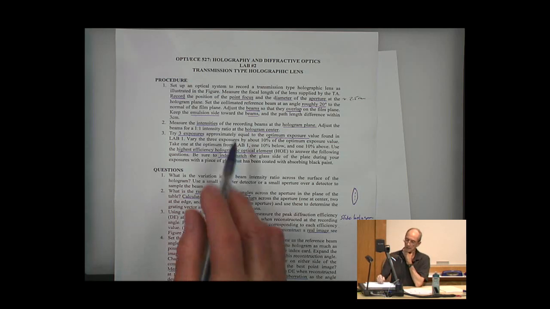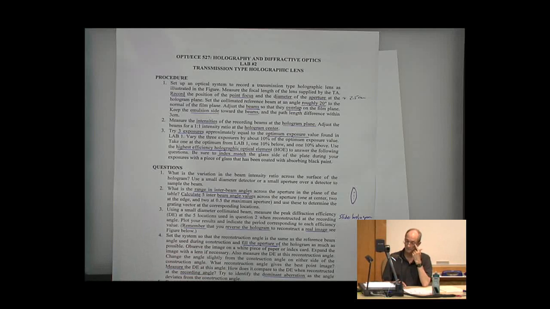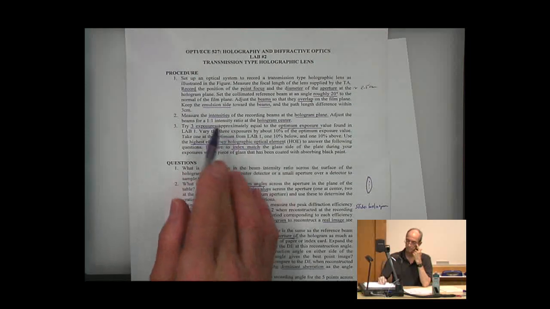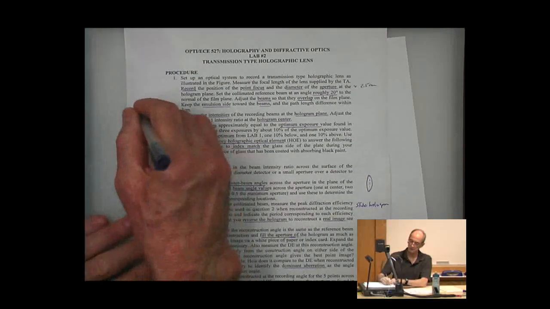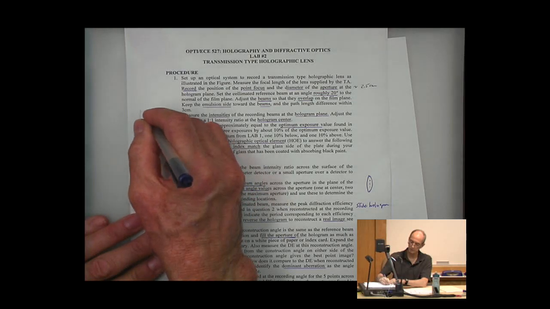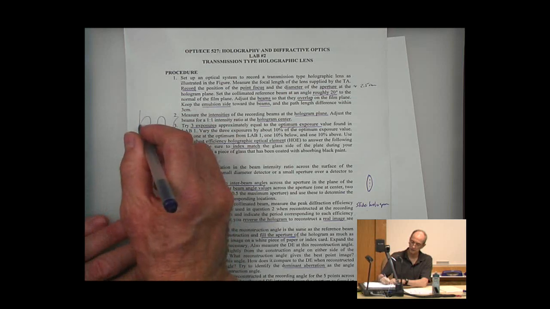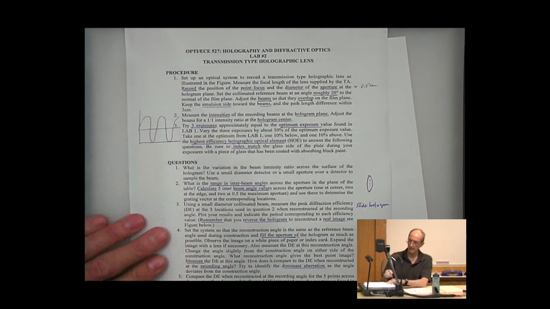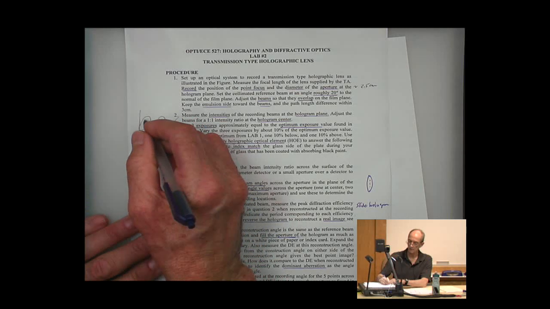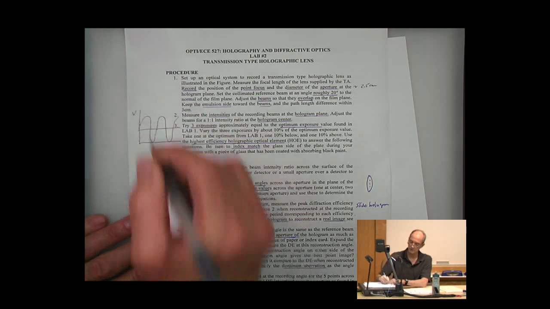All right. So we haven't gone through this yet, but to get maximum index modulation, as you might guess, you would have a reference and object wave that is equal in magnitude. That gives you the highest visibility.